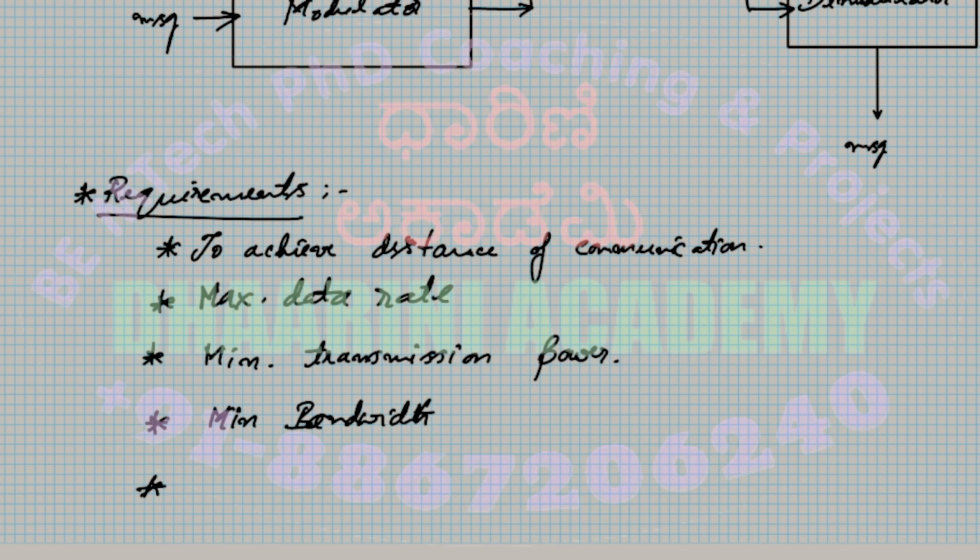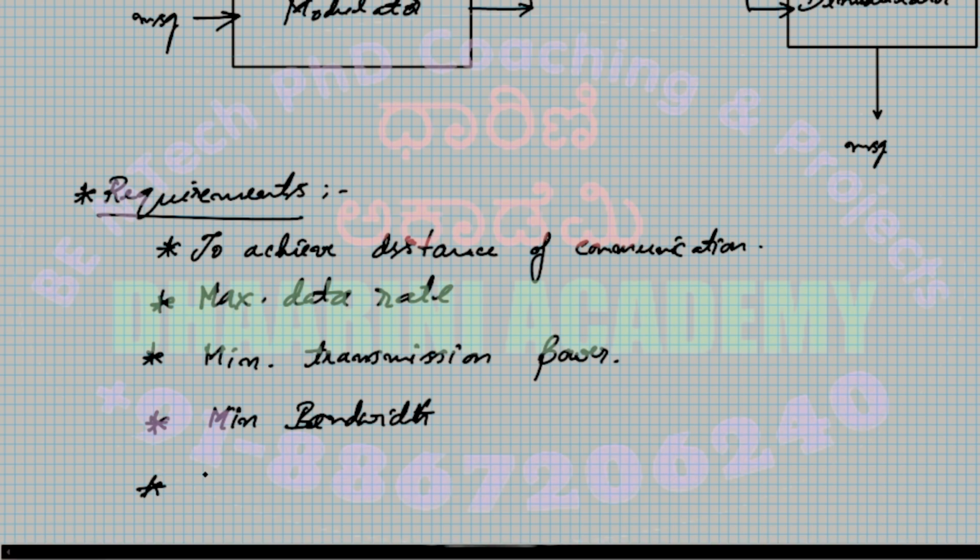FM is able to achieve that, but if you move to other modes of radio communication, when you tune one channel, you will definitely hear slight interference from other channels as well. So that concept is maximum immunity to the interference.